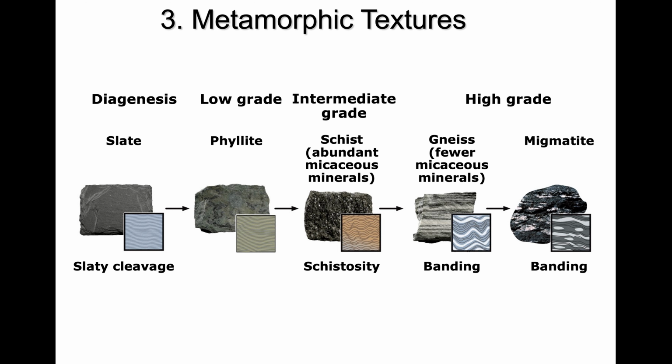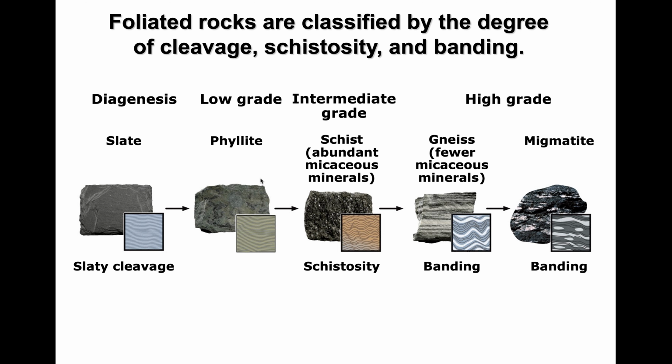Finally we form a high-grade metamorphic rock, that is the gneiss, or in this case a migmatite. It can also be a granulite. These foliated rocks are classified by the degree of cleavage, schistosity, and banding.